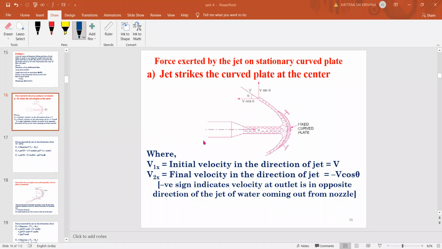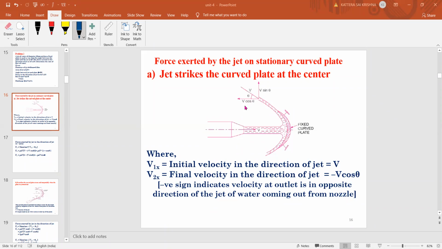Okay, so now we can take the initial velocity in the direction of jet as v, and the final velocity coming out in the direction of x as v cos theta, but it is going in the reverse direction of v. So it is minus v cos theta. In the opposite direction of v, it is coming out. So it is taken as minus v cos theta.